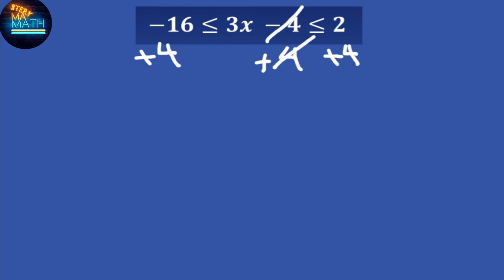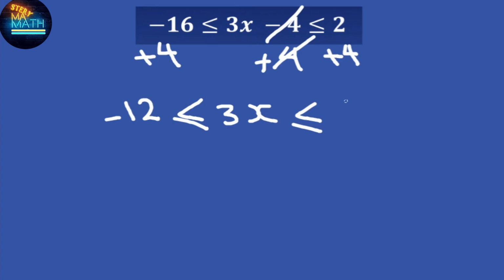So negative 4 and 4 will cancel out, so 3x is greater than or equal to negative 16 plus 4, which is negative 12, and less than or equal to 2 plus 4, which is 6. And the coefficient of x is 3, so you have to divide the 3 sides by 3.